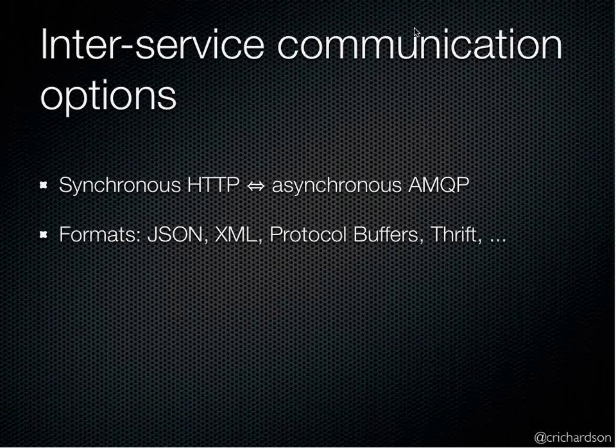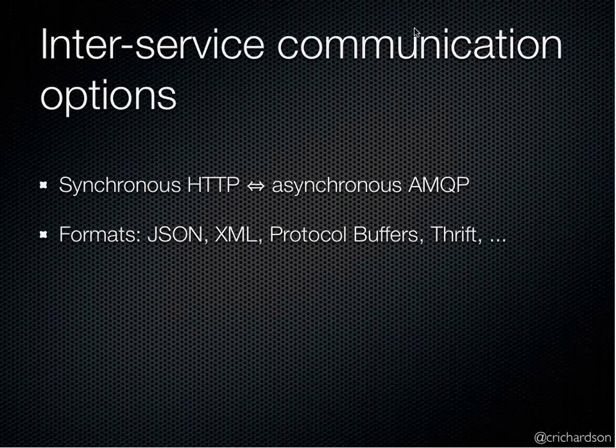Whereas before, one service could call another with a simple Java method call, now we've built a distributed system, so we need some kind of inter-process communication mechanism. And there are lots and lots of choices. We could use HTTP, a synchronous protocol, REST, etc., or we could use an asynchronous messaging protocol, JMS or AMQP.